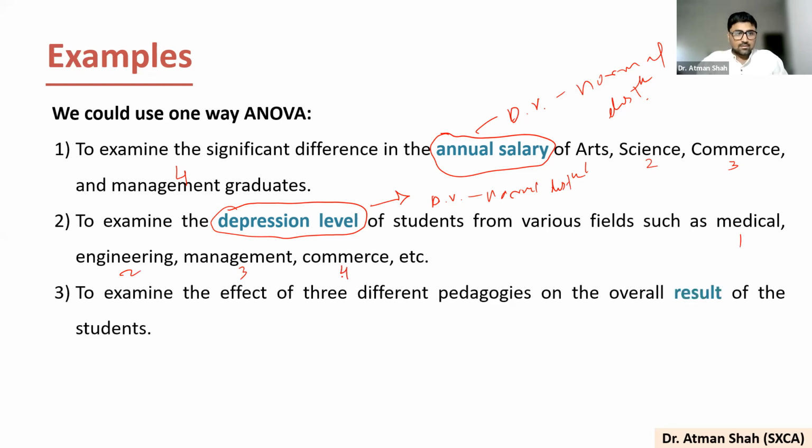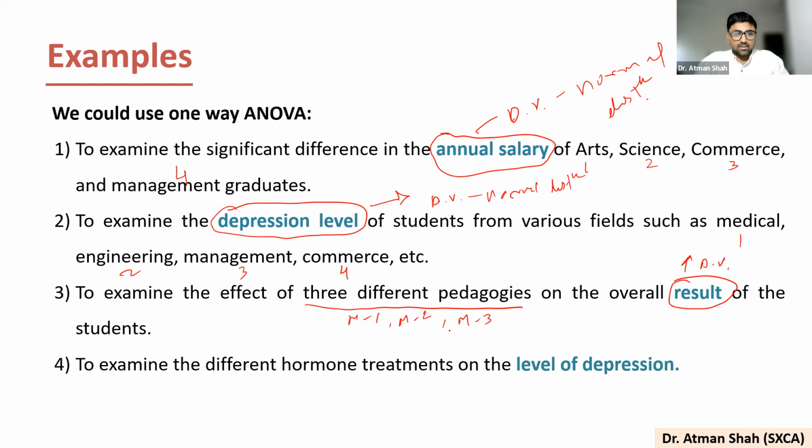Third, examine the effect of 3 different pedagogies on the overall result of the students. So result is our dependent variable. It must be normally distributed, and we have 3 different pedagogies: teaching method 1, method 2, method 3.